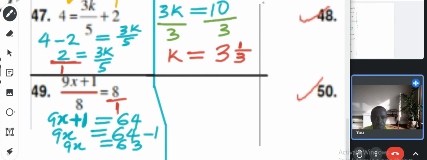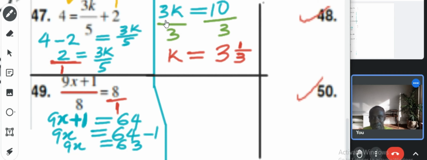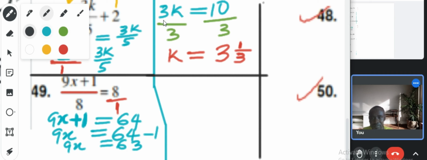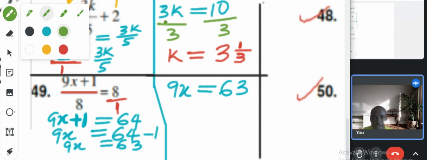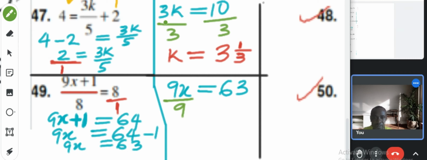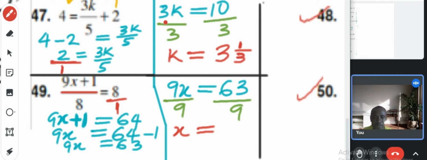So this is going to be 9x equals 64 minus 1, so 63. Let's finish it up here, because 64 minus 1 is 63. So also you're going to divide both sides. Let me write it down here. 9x is equal to 63. At this point, you know you are going to divide both sides by 9. So 9 over 9, and this will give us x equals 63 divided by 9.